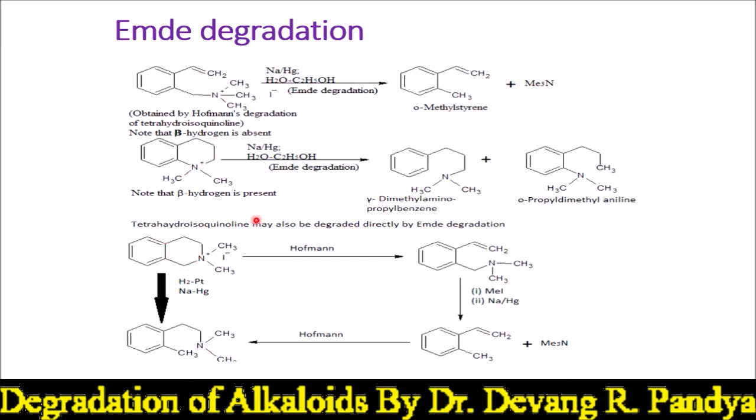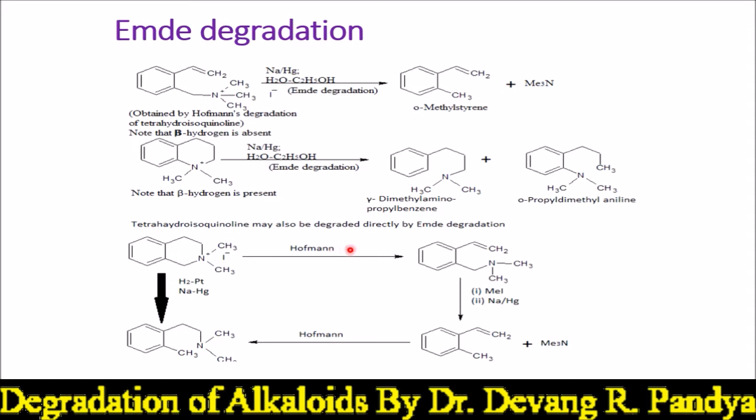Similarly, if we do not need to perform Hofmann degradation, we can directly perform MD degradation as well. Here we have this compound where the first step, reduction and methylation, is already carried out. Then performing reduction with hydrogen and platinum, and then sodium amalgam, we can directly get the ring opening reaction.